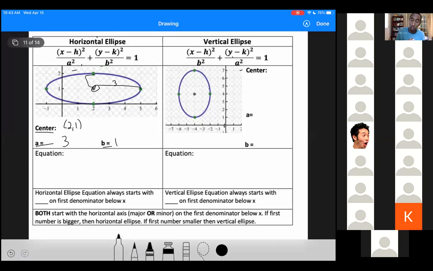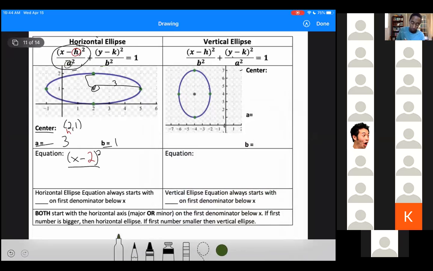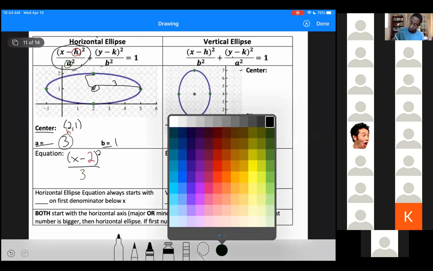And this is a horizontal one, so the A is under the X. So in writing the equation, start with this part. It'll be X minus, and the H is the X of the center, so X minus 2 squared over the A here is 3, but we would be squaring that.